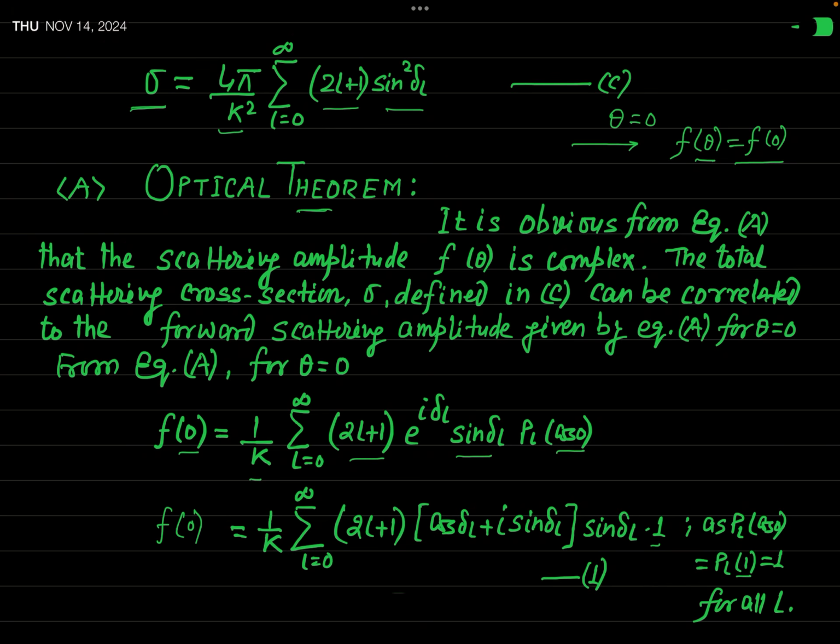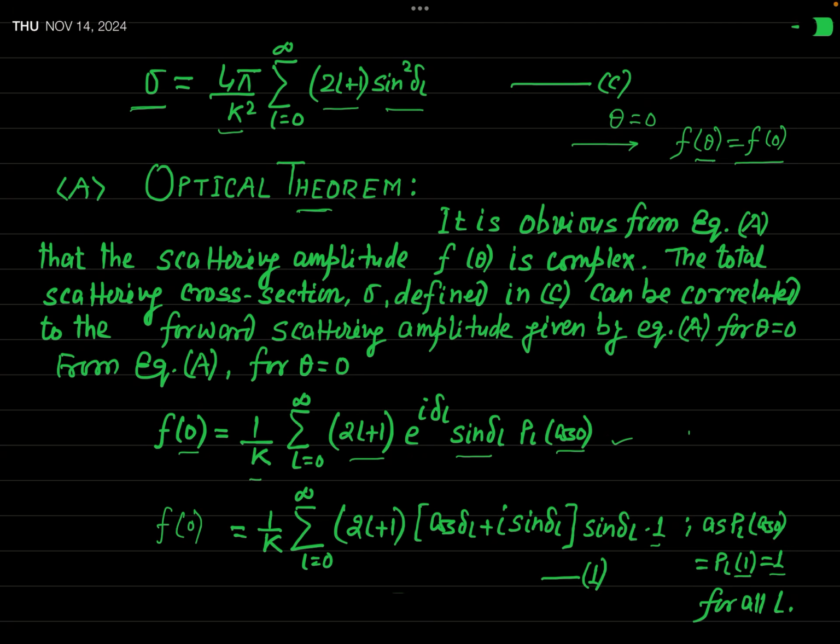So f of 0 reads like this. But PL of cos 0 is PL of 1, and you have an idea of the Legendre polynomial: PL of 1 is simply equal to 1 for all values of L.